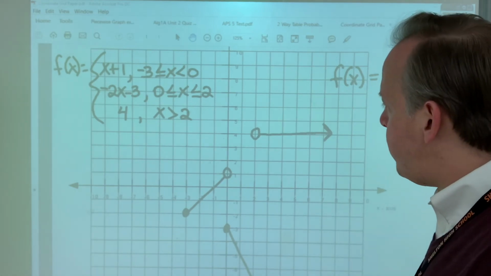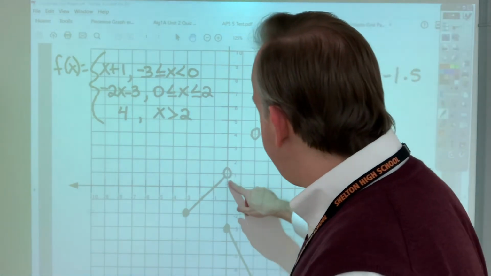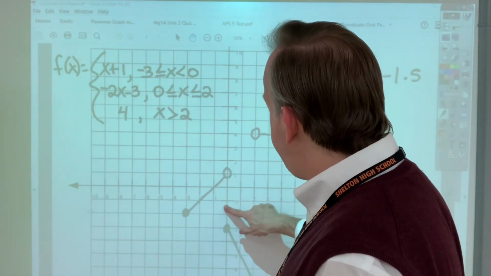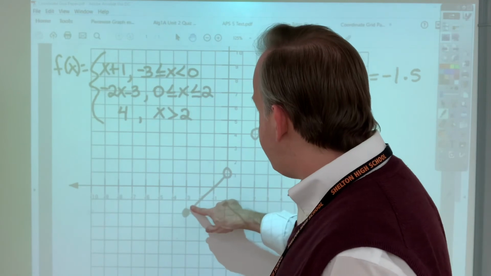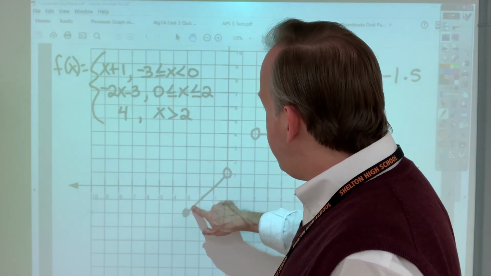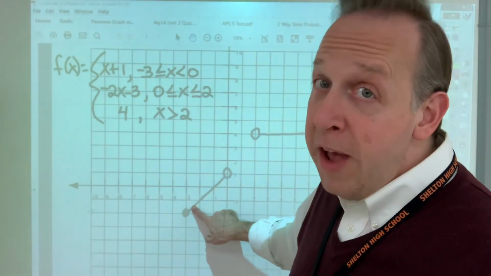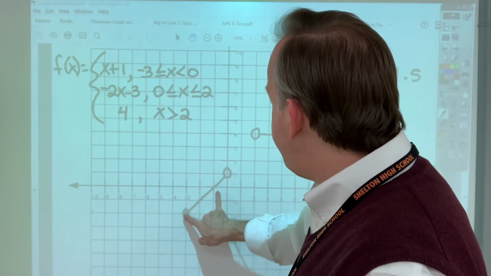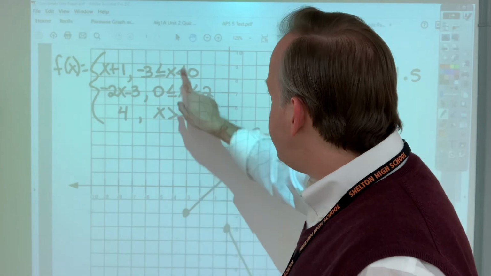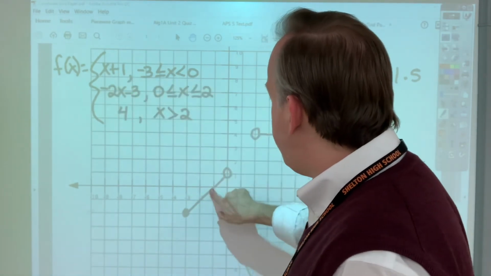Well, now we're going to use the graph to find out where negative 1.5 is. So negative 1.5 is over here, and I can see that the only place it exists is right here. Now, which segment of my graph is this? Well, this is the segment that is going from negative 3 to 0. It's the first line, x plus 1.